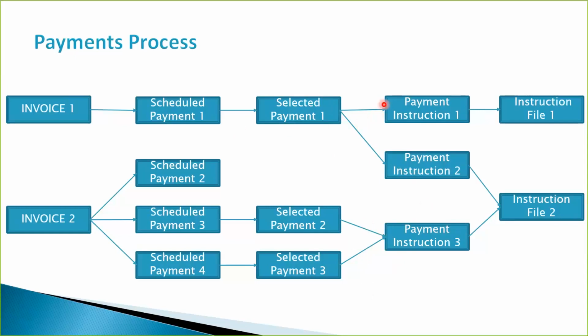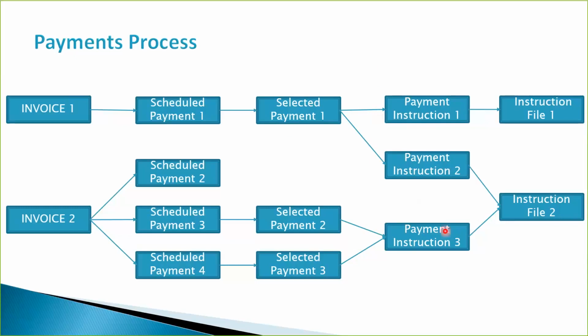Why is it important to know that? Because those groupings are determined by something that we are going to talk about soon, which is called the payment process profile. All right.